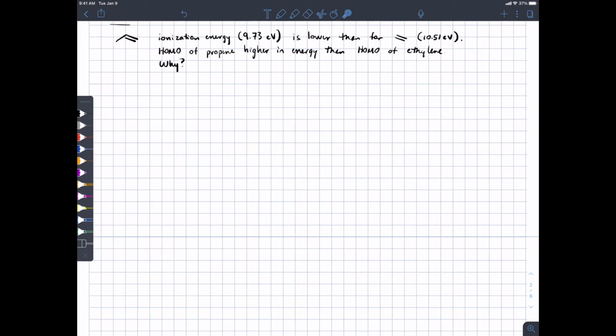So I'm going to draw over here the carbon-carbon, well, the 2py plus 2py combination for ethylene.